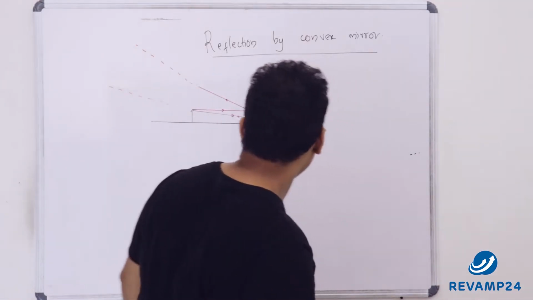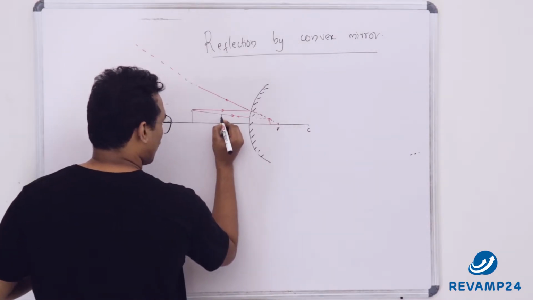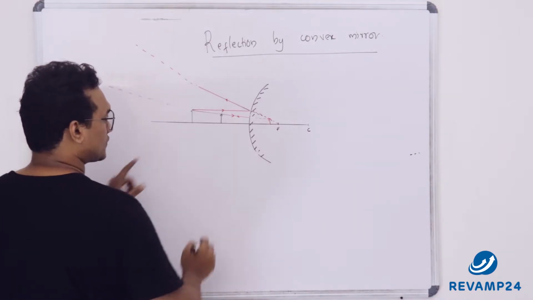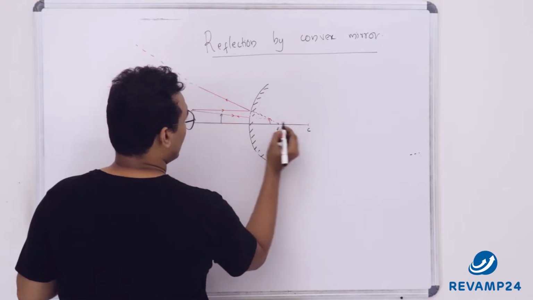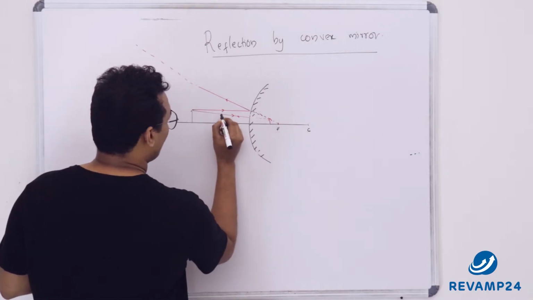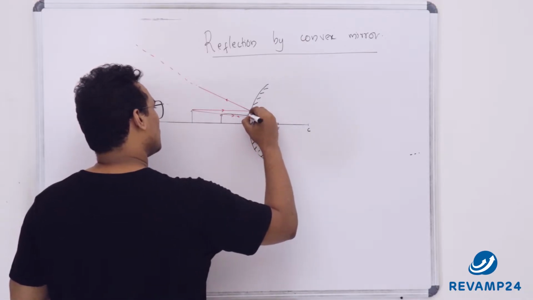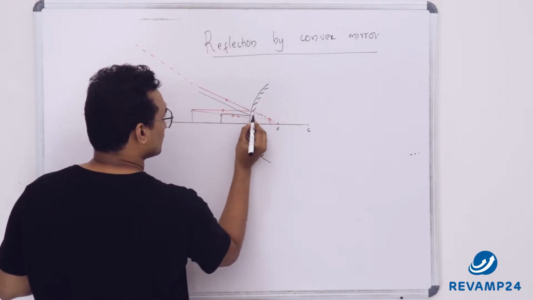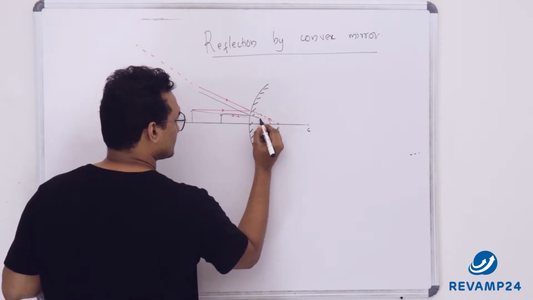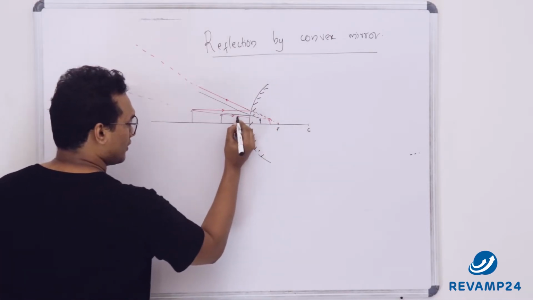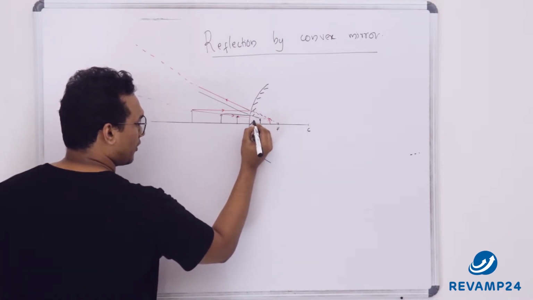Now just see the case of an object here. This will also form an image. Where will it form an image? After reflection, it would go in this direction. So this would form a smaller image here.